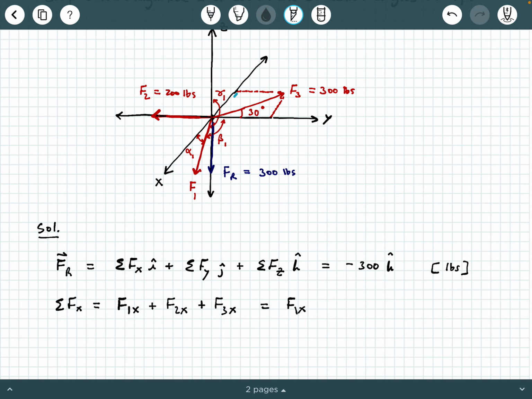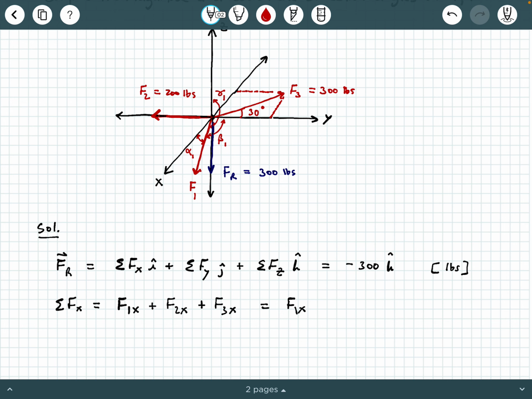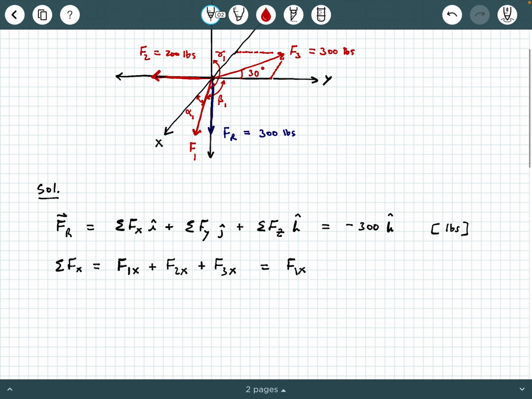What about F3x? I'm looking for the x component of this F3, okay? What do I do to get that x component? Well, I can look at this right triangle right here. If I wanted to extract that right triangle and do a little bit of work off to the side, here's what I can do.